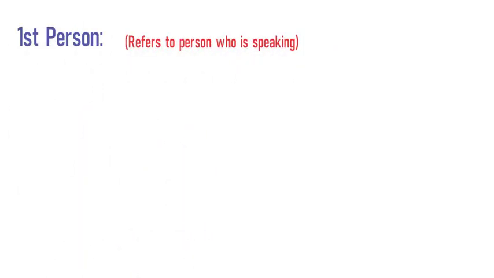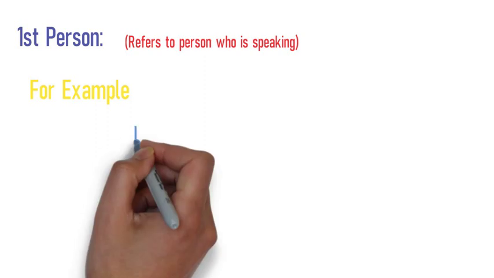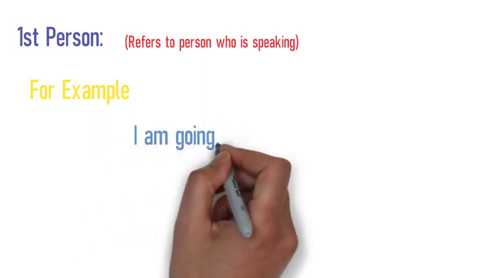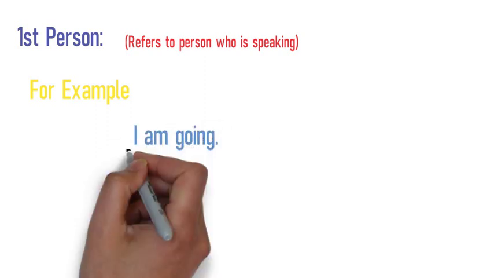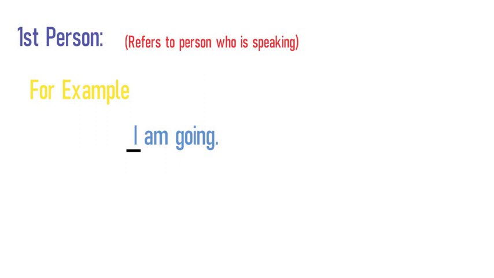First person refers to the person speaking. For example, I am going. In this sentence, I, that indicates a person named Sarah, is speaking that she is going. So I refers to the first person because she is the person who is speaking.